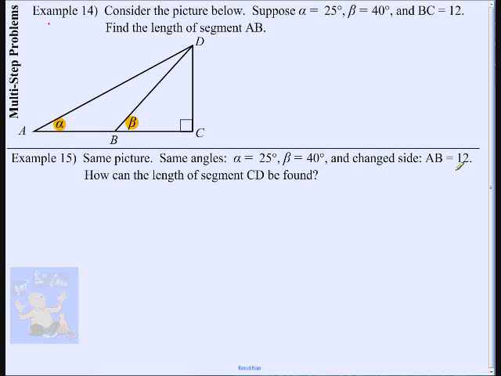The side that we know now is this one here. And the side that we would like to know is this one. What is this length? How could we go about doing that?